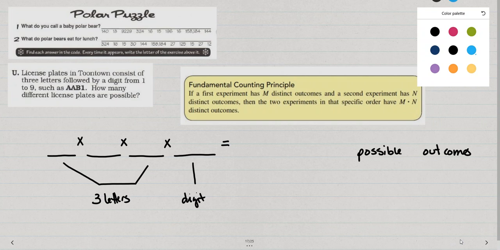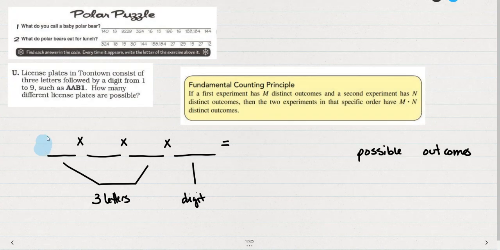We'd look at that first letter. It's going to be an A, B, C, D, E, and so on up to Z. There's a total of 26 letters in our alphabet, so there are 26 letters to choose from.